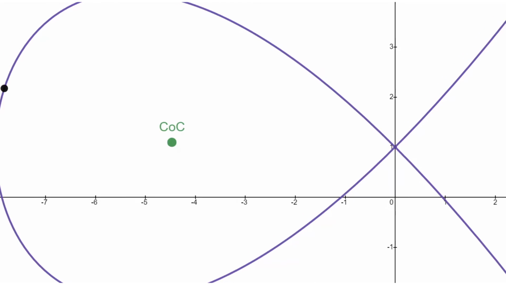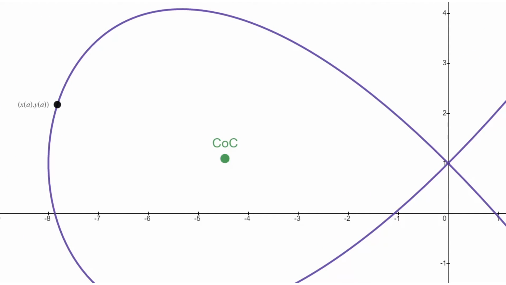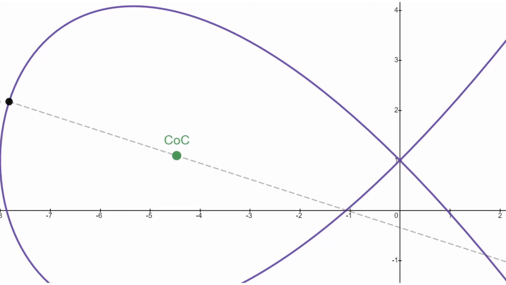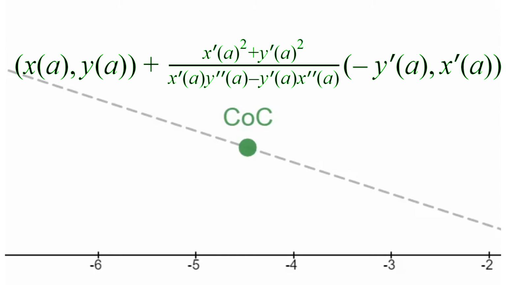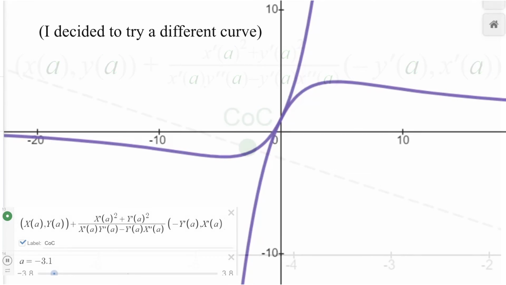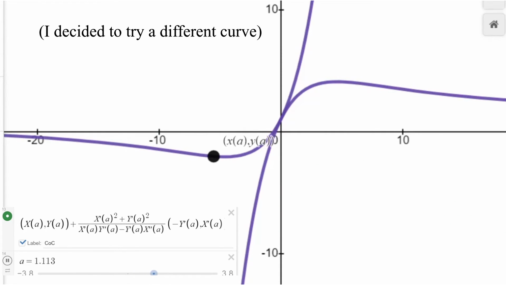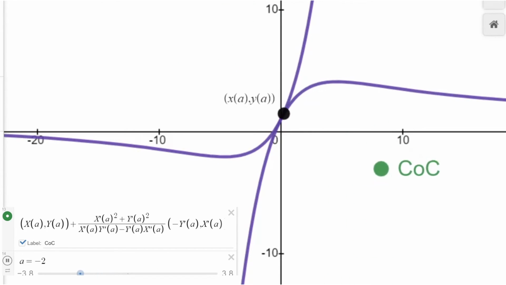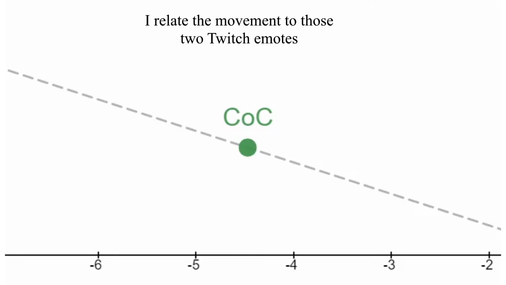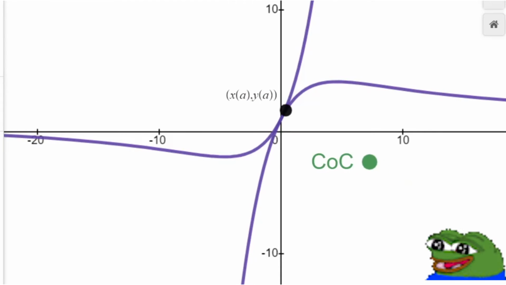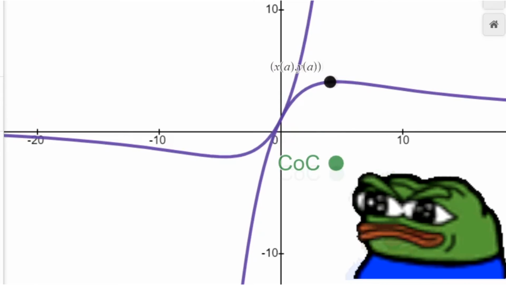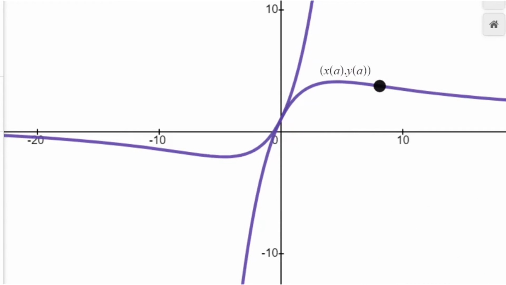In our particular scenario, every individual normal line intersects at this coordinate expression where its position is determined by the value of a. And if I let a run through different values, the point will dynamically move in a manner that, well, weirdly enough, I relate this point to those two contrasting Twitch emotes where Pepe arrives because something attracts his attention and then leaves because he then decided it's not worth his time, like this video.